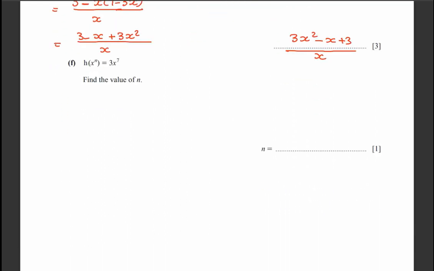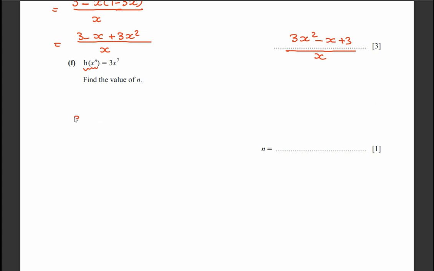Then he is telling me now that h(x) to the power n equals 3x to the power 7. So all I have to do is remove each x in h and put x to the power n.